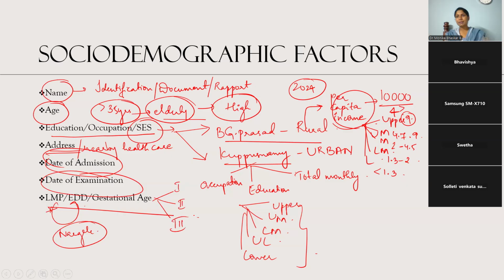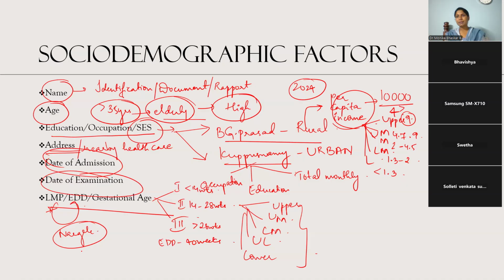According to the PG books, less than 14 weeks is considered first trimester, 14 to 28 weeks is considered second trimester, and more than 28 weeks is third trimester, and the EDD falls at 40 completed weeks. But what if it is an IVF conception? It depends upon the number of days of hormonal preparation before you do an embryo transfer.